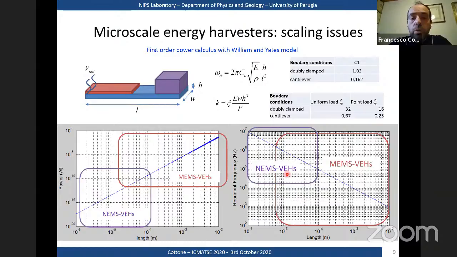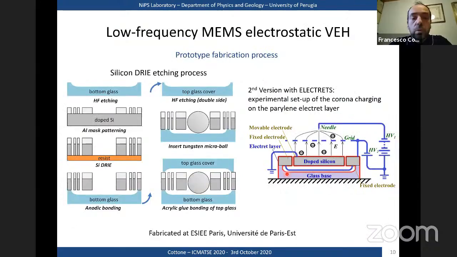Now I will show you more in depth an example of a device that we have developed in collaboration with the ISI Paris. This device is the one that has been presented previously. It's based on deep reactive ion etching, and it is a capacitive interdigitated comb vibration energy harvester made of silicon, attached over a glass and a glass cover.